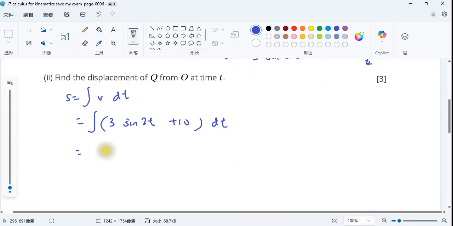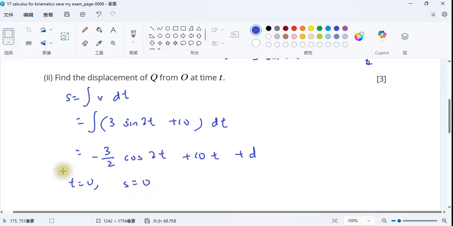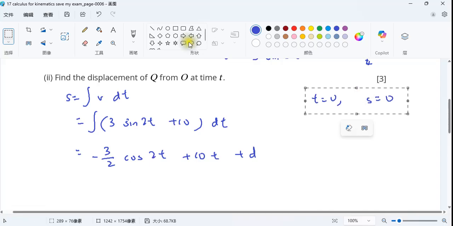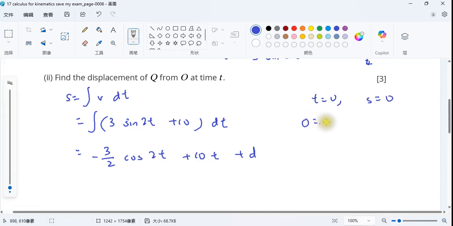then it will be 3/2 times negative cos 2t plus 10t plus d. When t equals 0, s equals 0. So we will have 0 equals negative 3/2 cos 0 plus 0 plus d.